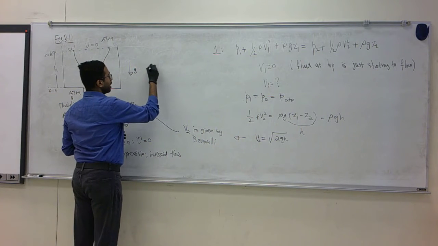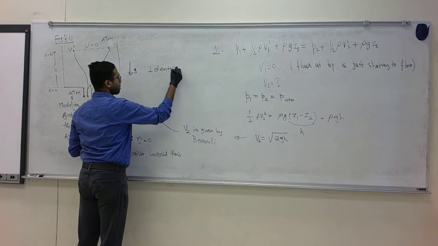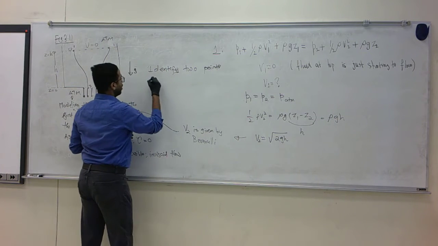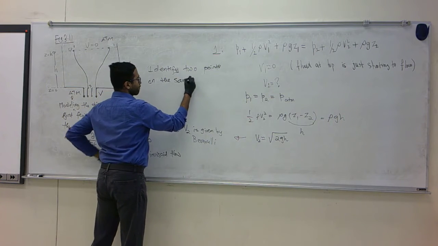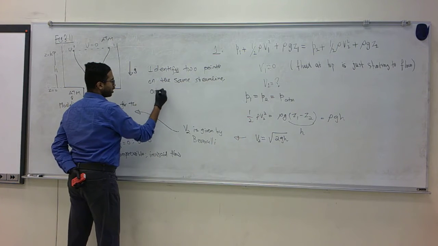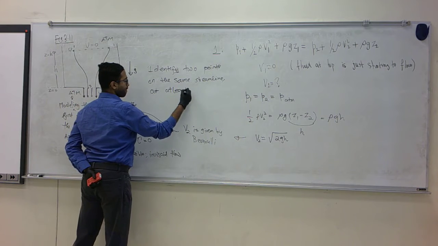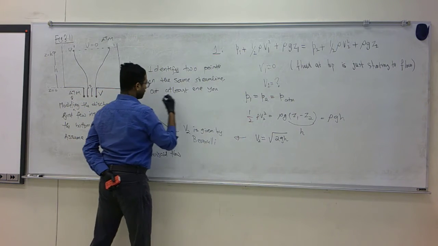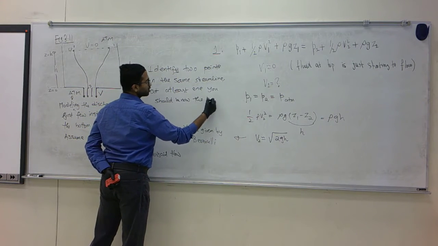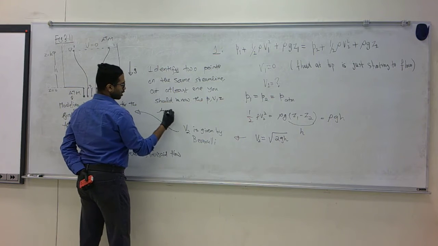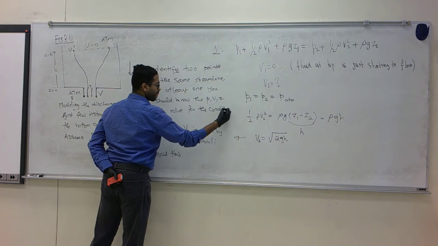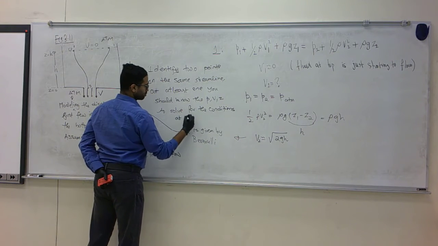So I'll write: identify 2 points on the same streamline, at least one where you should know the pressure, velocity and elevation, to solve for the conditions at the other.